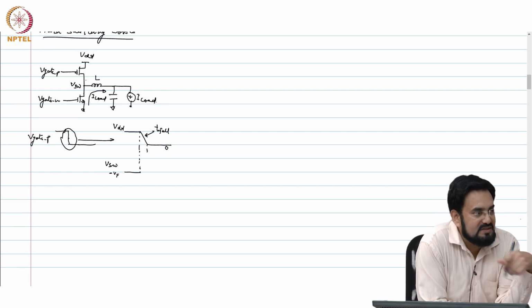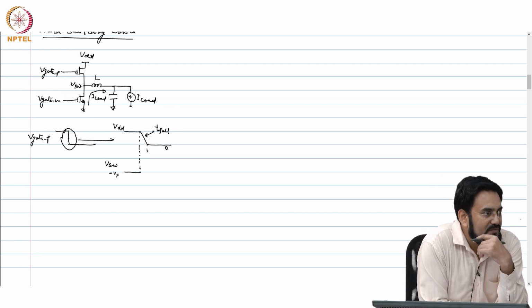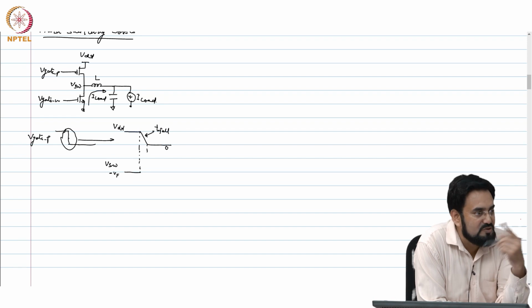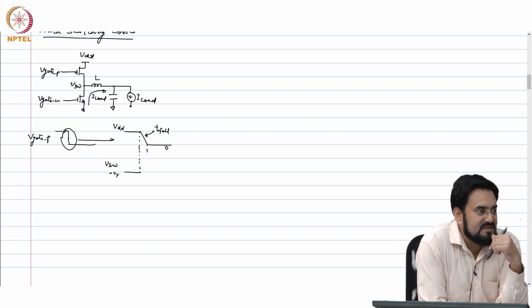As long as the diode is conducting, this voltage will be maintained at minus Vf. So, this body diode has to be reverse biased in order to have VSW rising.